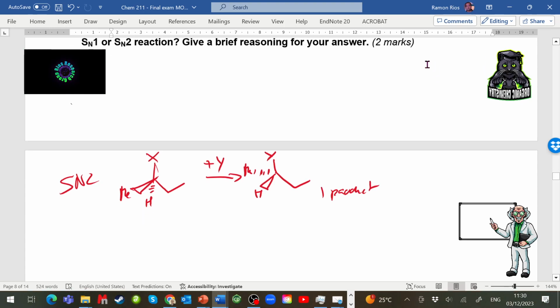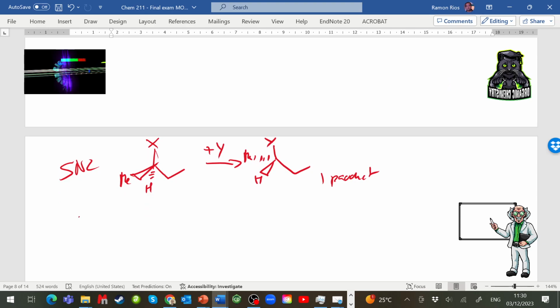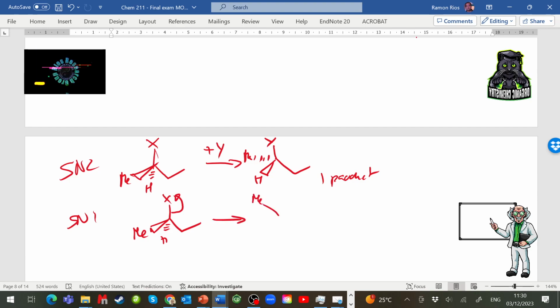However, if we have an SN1, I will put the same reaction by SN1. We start with the same chiral compound, but now remember that the first step is the departing of the leaving group. What we generate is this planar carbocation.